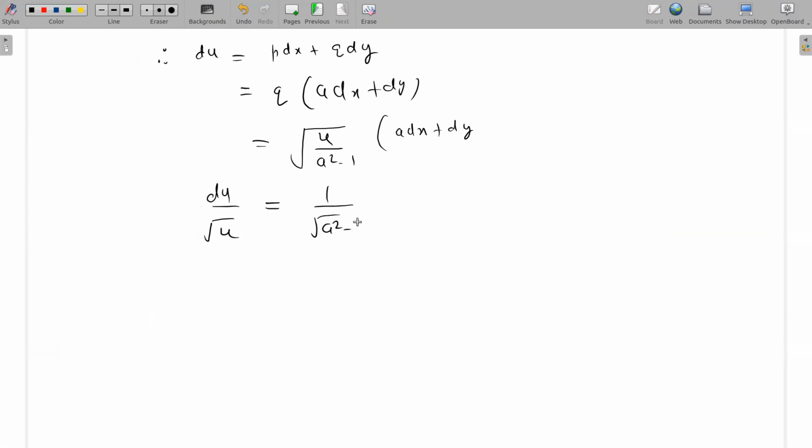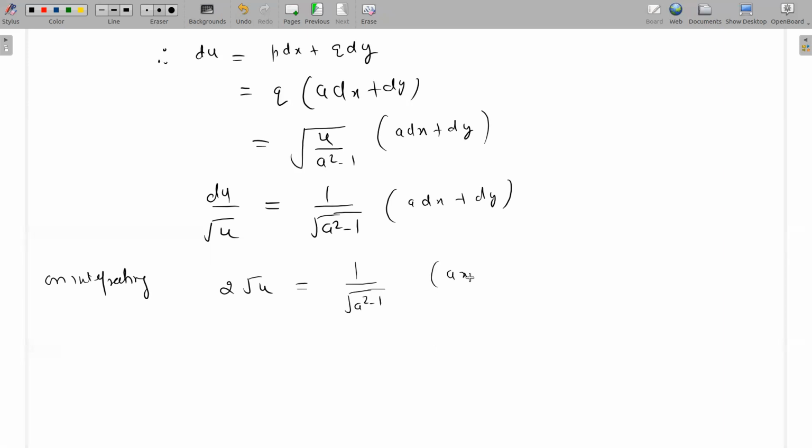This is constant, square root of a square minus 1, a dx plus dy. On integrating, ax plus y plus b. So this is the complete integral.